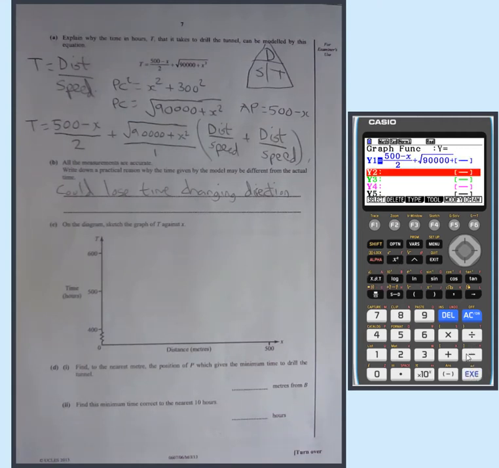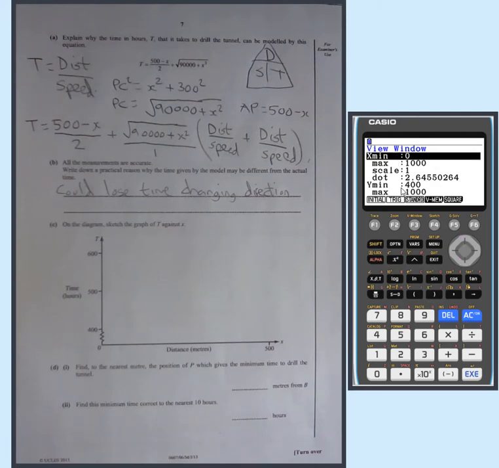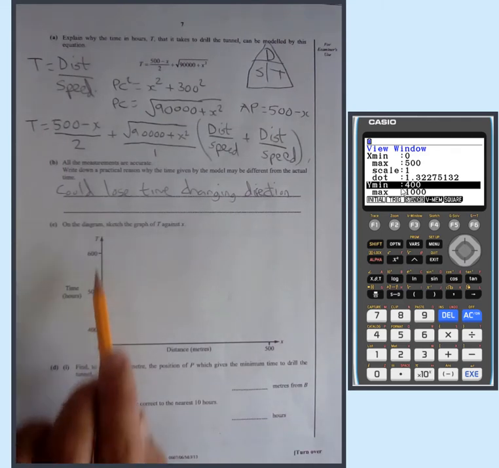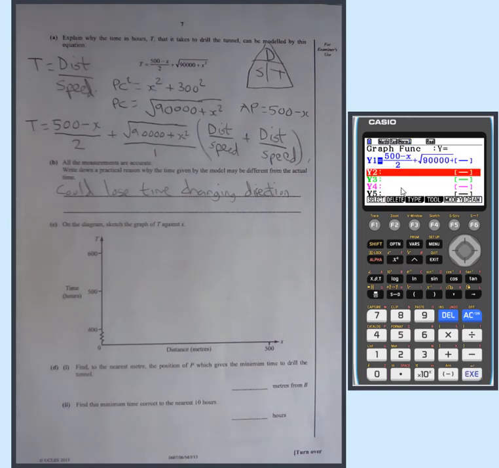Okay, just like that. I think I already set my view window, but just to check, oh no, it's not right. So x min 0, that's fine. X max 500. Y min, we want where this broken scale starts. 400 is correct, and then y max of say 6, it needs to be 600. Okay, go back to it. Now it's an interesting graph, a bit of a curve.